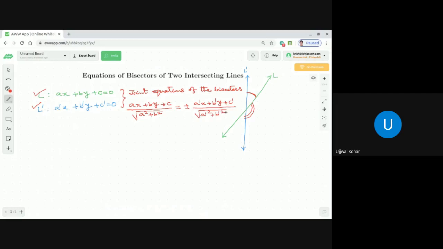You see, dear students, there I use plus minus. That means if you use plus, you will get one bisector, and if you use minus, you will get another bisector.